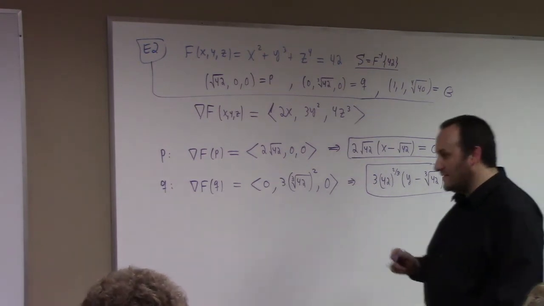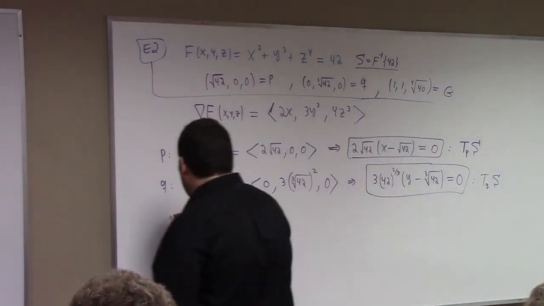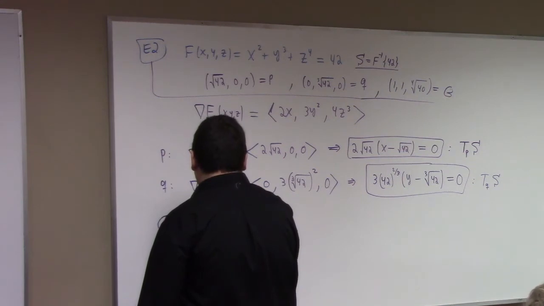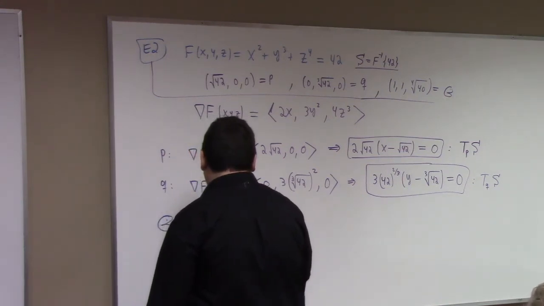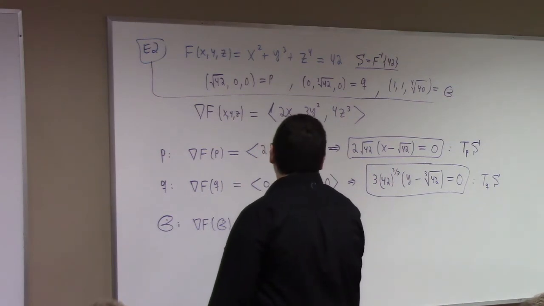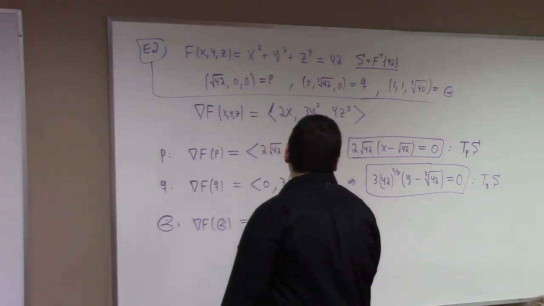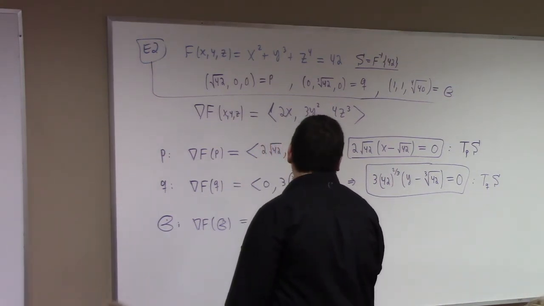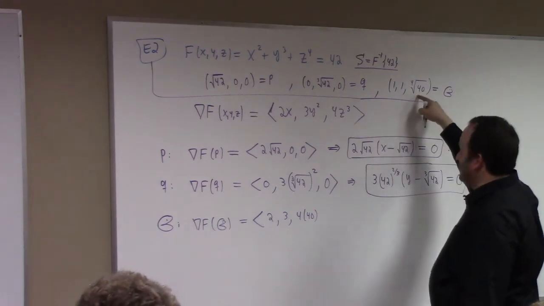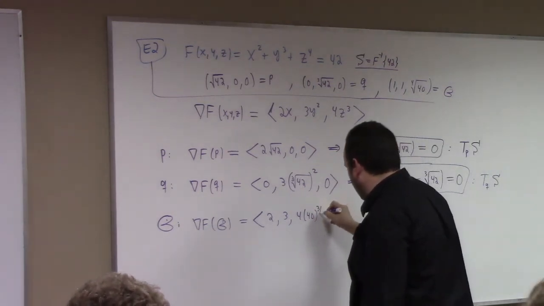All right. Pac-Man, someday I'll learn. Gradient of f at Pac-Man. Finally, something exciting here. So 2, 3, and then 4 times what? 4 times 40 to the what? Z cubed. So yeah, 3/4 power.